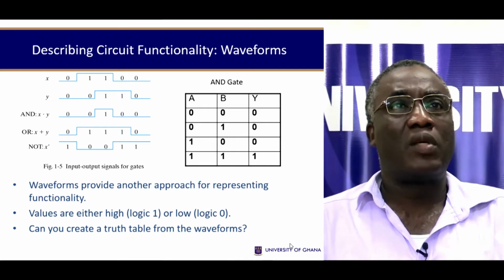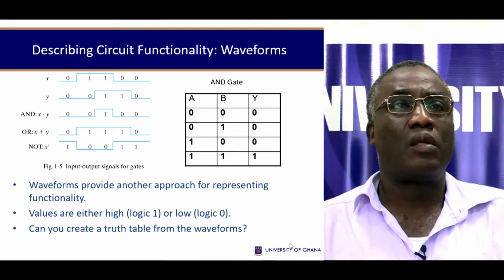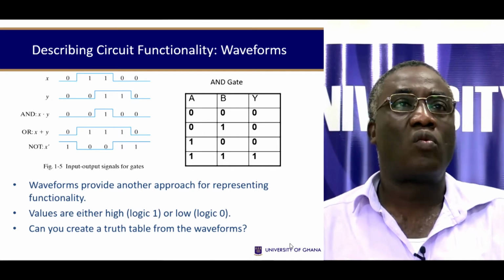Now, notice that you can divide this by timing. So you can say, well, the first one ends here. So you get 0 and 0 is 0, 0 or 0 is 0, and X is a 1, so that is high. These are all lows. And then that is a high here, a low there, a low there. So an OR will give you a high, and so forth.